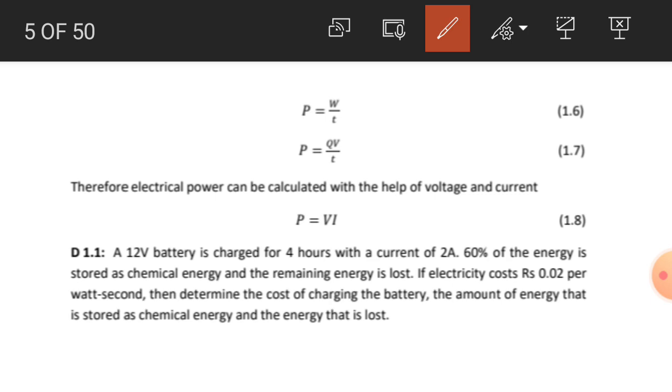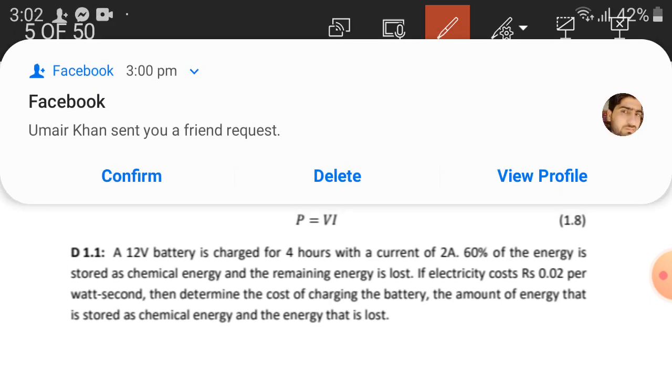We know the price of 1 watt second. We can calculate the cost of the total electrical energy with the help of this unit. Then 60% of the total electrical energy is stored in the battery as chemical energy. We will calculate 60% of the total electrical energy, which will be the amount of energy stored in the battery as chemical energy. And definitely 40% of the electrical energy will be lost.